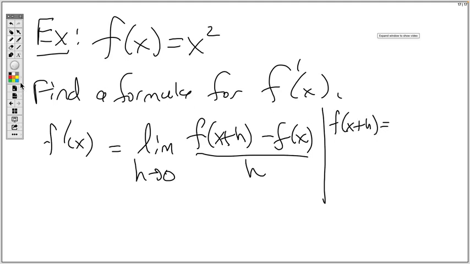So once again, either literally or in your mind's eye, everywhere you see an x in the formula for f of x, you want to envelop it in parentheses, erase the x, replace it with x plus h. So we're taking the x plus the h first, and then we're squaring it. You follow?